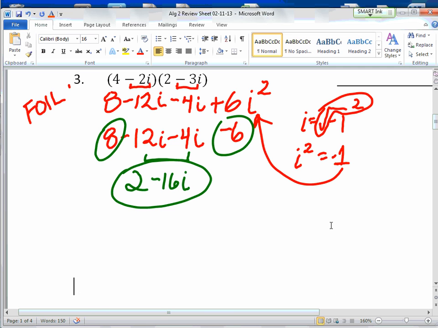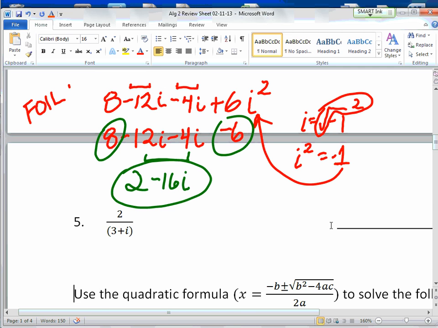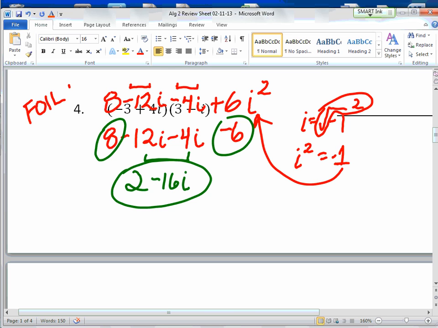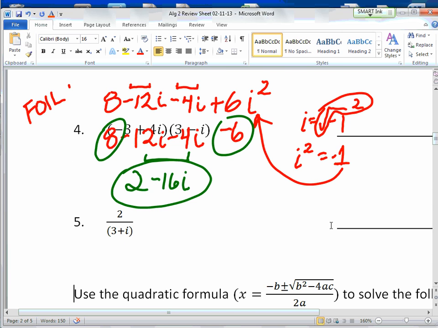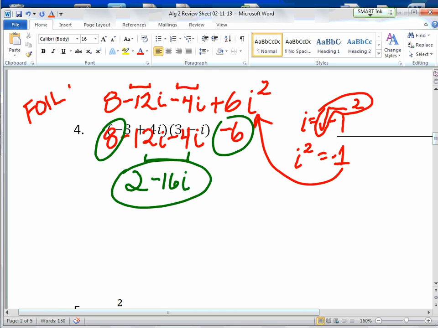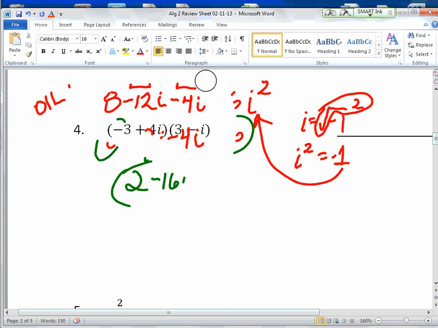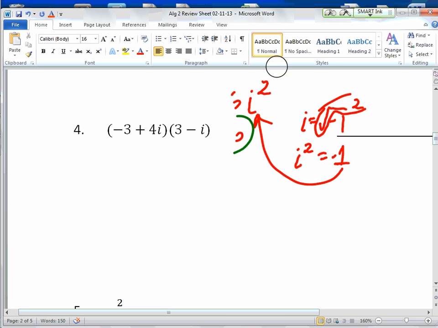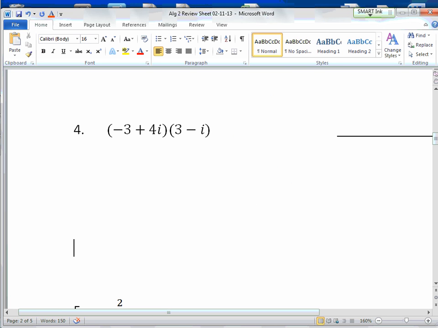All right, moving on to number 4. And I'll just erase what we have here. So once again, we have multiplication happening. So we need to FOIL. So -3 times 3 gives us -9 first. -3 times -i, negative times negative gives us positive 3i.